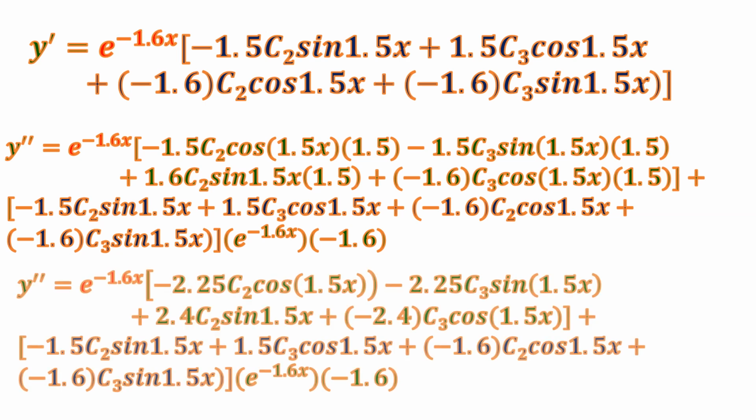Then let's simplify further. We're going to multiply every 1.5 to the coefficient of the constant. So 1.5 times negative 1.5 is negative 2.25. And also 1.5 times 1.6 is 2.4.